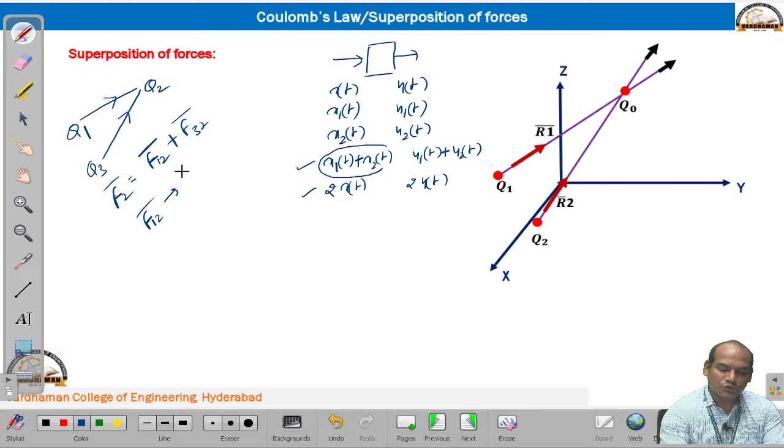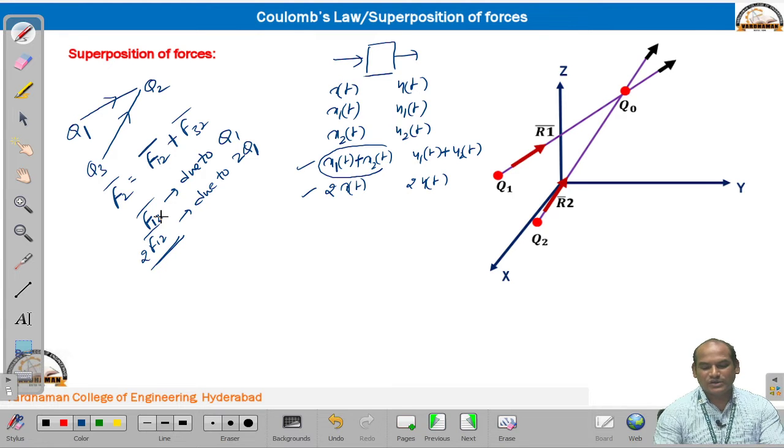If you multiply Q1 by, for example, the number 2, then the force available on Q2 is 2 times F12 bar. So this is the scaling property, and the earlier one is the additivity property.